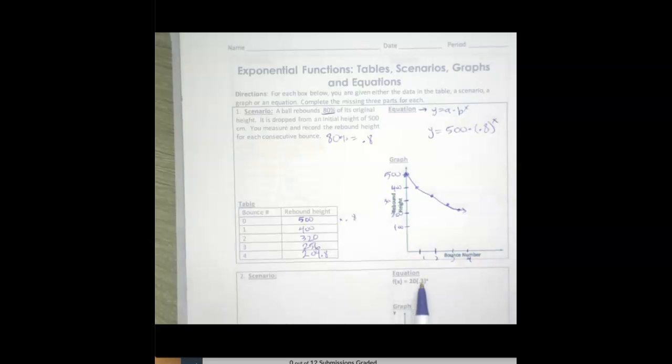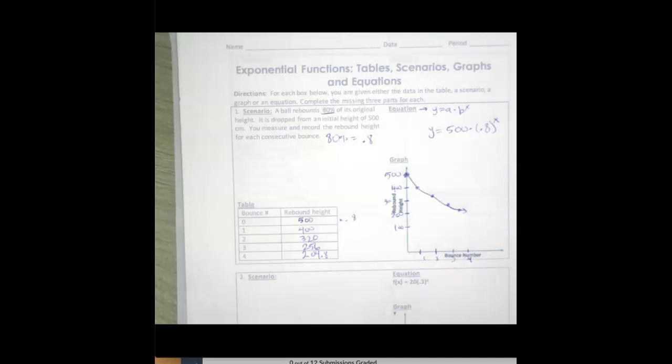Each time, this is the multiplier, it's being multiplied by 0.3. 0.3 times 20 is 6, and then 6 times 0.3 is 1.8, and then 1.8 times 0.3 is 0.54, 0.54 times 0.3 is 0.162.